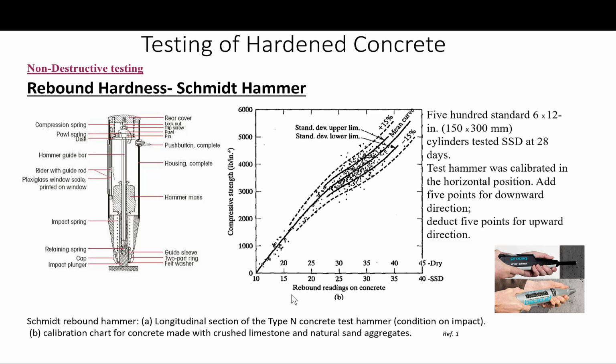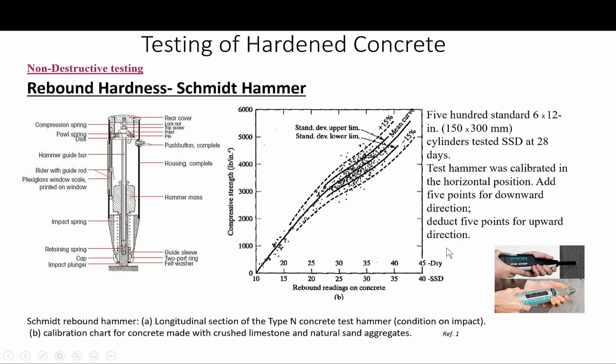This is the particular concrete we are doing the calibration for. You have to be aware certain adjustments have to be made, depending, for example, on the position, because the calibration was done either in the horizontal or in the vertical. So whenever you vary from that calibrated position, you have to make certain adjustments.